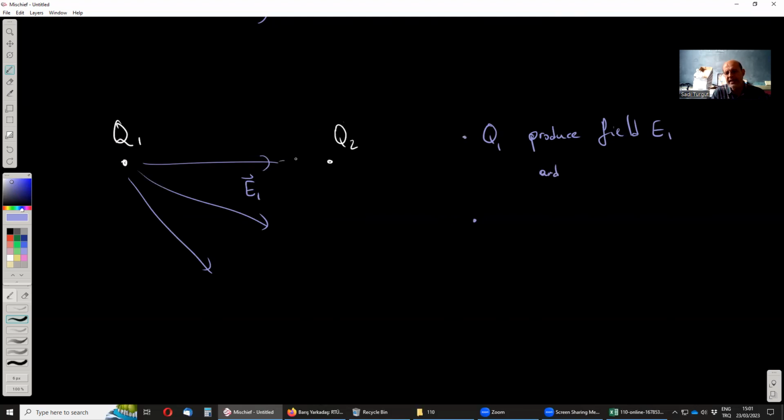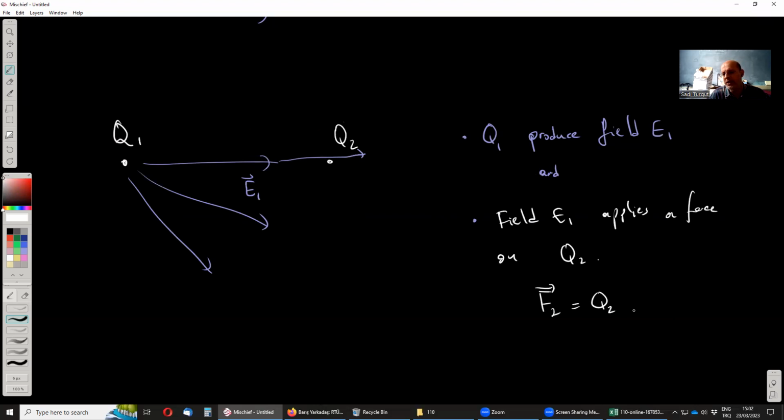And the second interaction is that this field E1, the field color is terrible, sorry about that, applies a force on charge Q2, right? So the force on the charge Q2 would be Q2 multiplied with E1, okay?